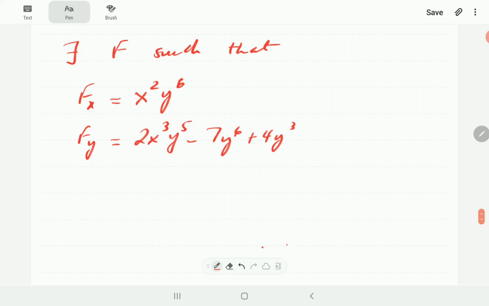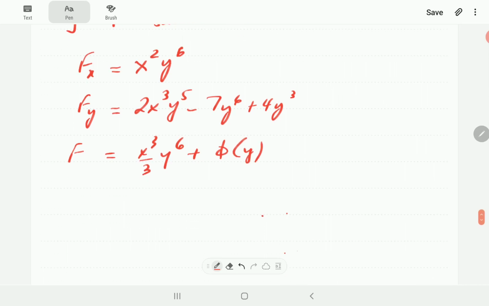Okay, then integrating the equation for the derivative of x gives x cubed over 3 y to the power 6, and then there's going to be a function of y.